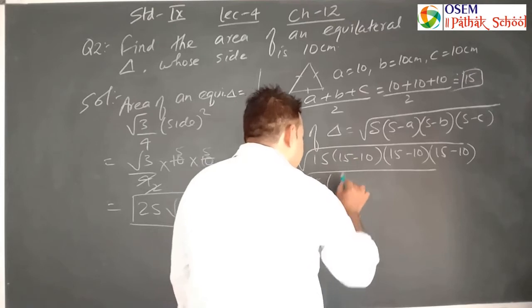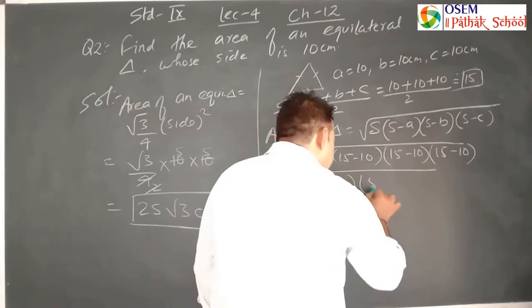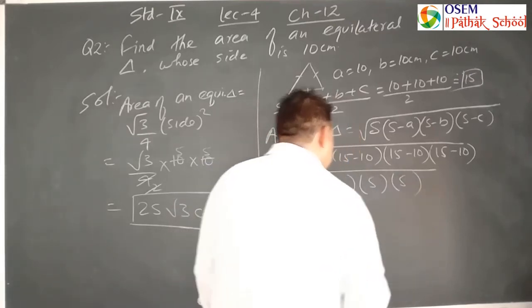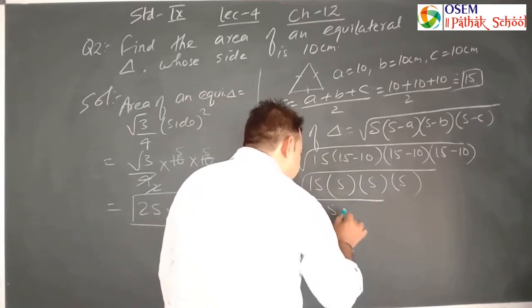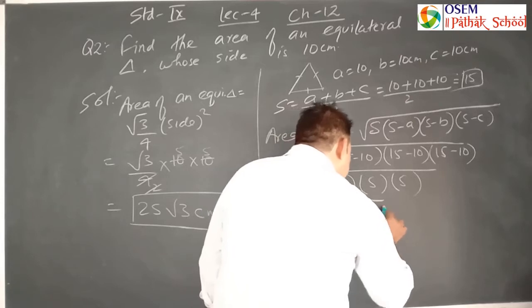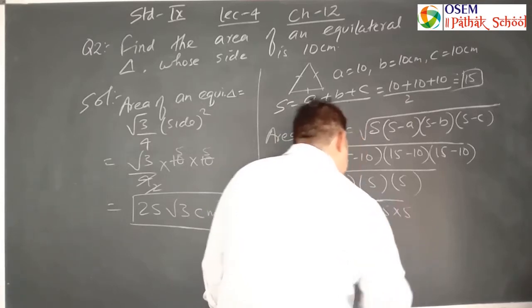That will be 15, 5, 5, 5. Now I am splitting the 15 into 3, 5, 5, 5 and 5.